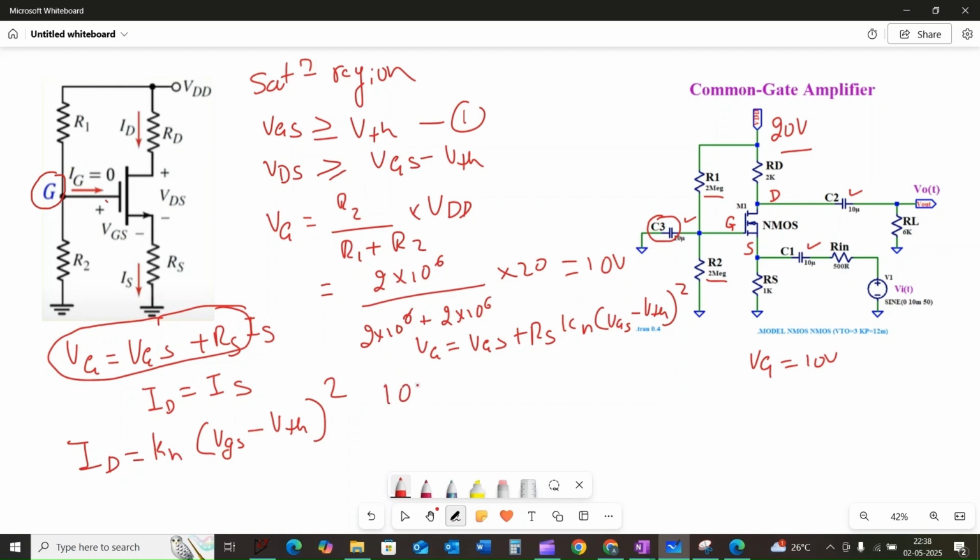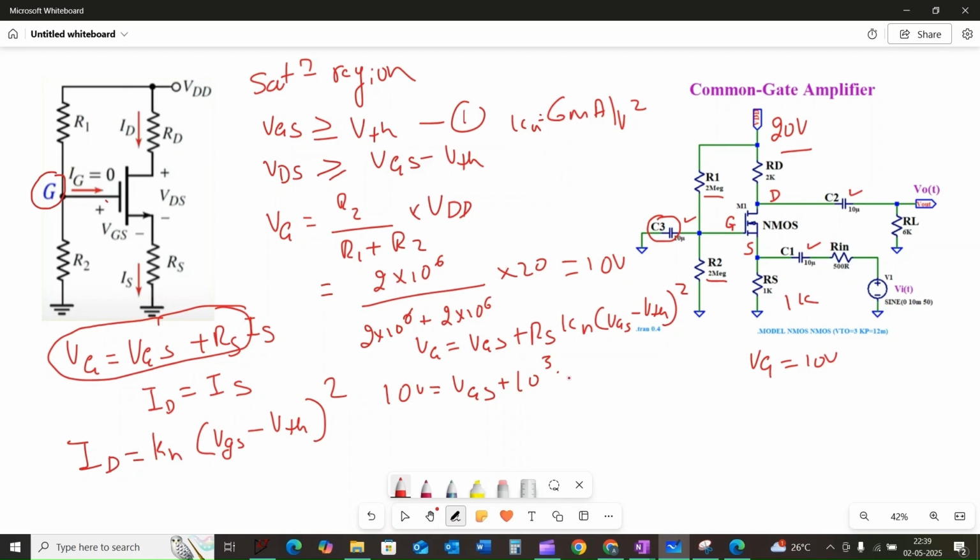which is 10 volt equal to VGS plus, here we are taking RS as 1 kilo ohm, times Kn, the transconductance parameter, considered as 6 milliamps per volt square, as we have already defined.